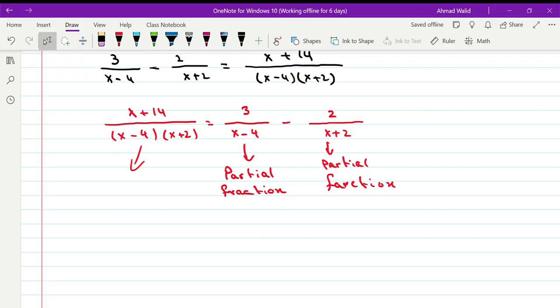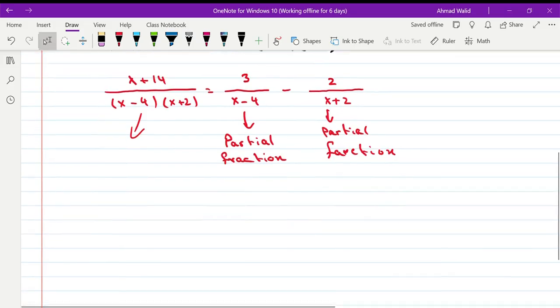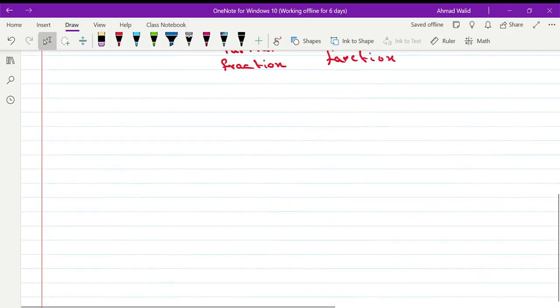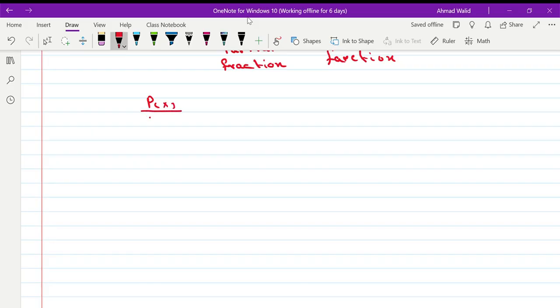Now, you see, a rational expression is always in the form of p of x over q of x.